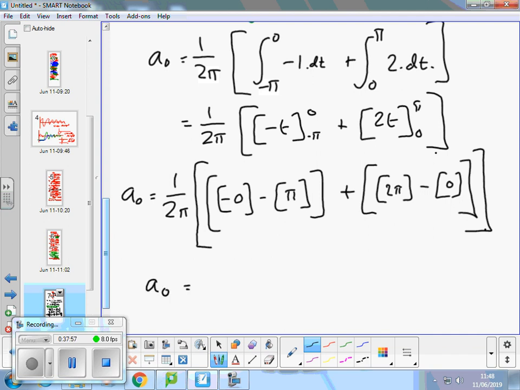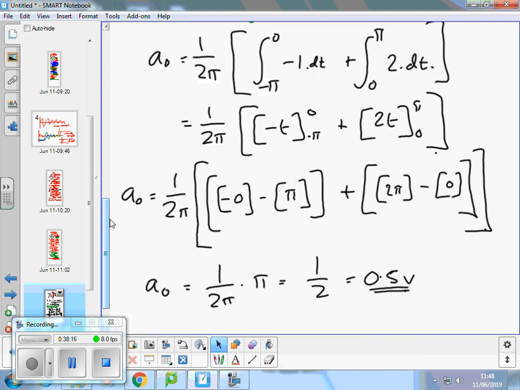A0 equals 1 over 2 pi times pi equals 1 over 2 equals 0.5 volts. Well, 0 is 0, but I just put that in there for completeness.